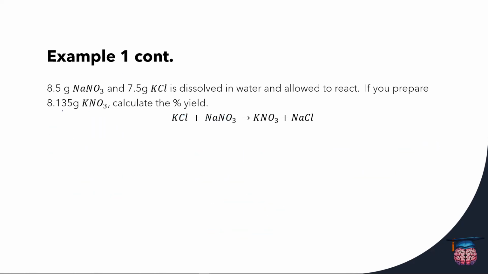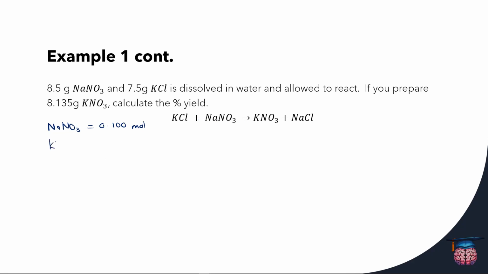So the sodium nitrate is 0.100 moles. The first step to calculating the theoretical yield, we need to go and see what ratio the reagent has to the product that we have. And in this equation, we have 1 to 1.